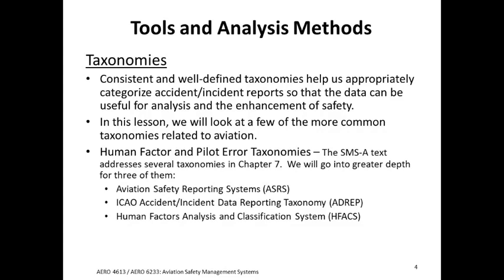There's a whole science behind coming up with a classification system that includes the right categories, the right depth, not too many categories, but doesn't leave any out. We're not going to get into that in this class, but the main thing I want us to understand is that the purpose of having taxonomies is to help us categorize data obtained through the safety risk management and safety assurance components so that the data is useful for analysis.